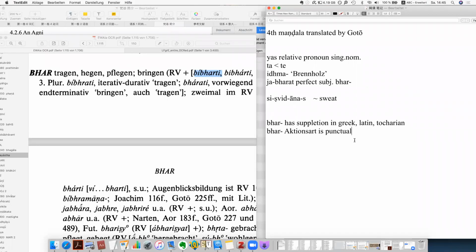Carry, bring. In English, it actually means bring something to some place. So you kind of deliver something. So it's a punctual action, like bring something somewhere, deliver. It does not mean you put something on your back and walk.